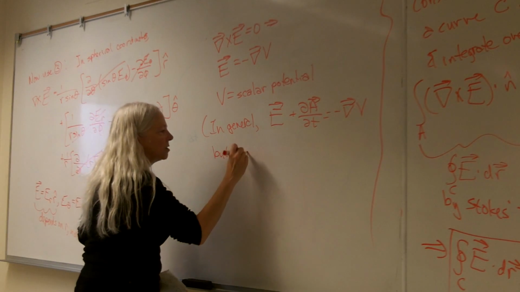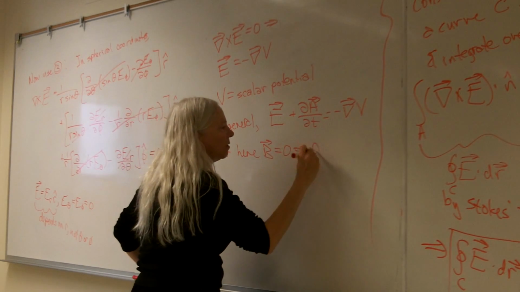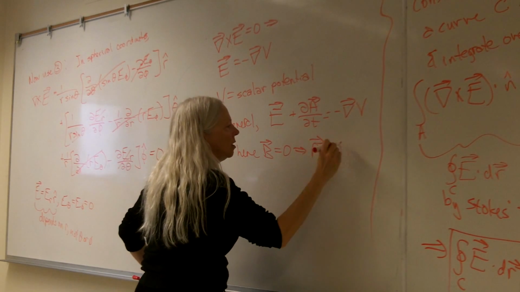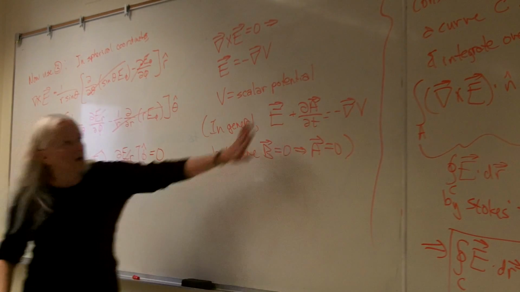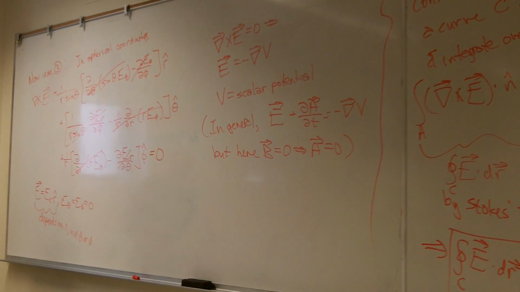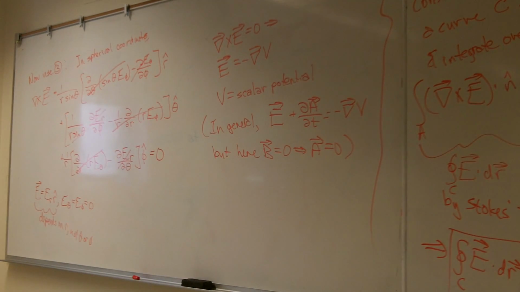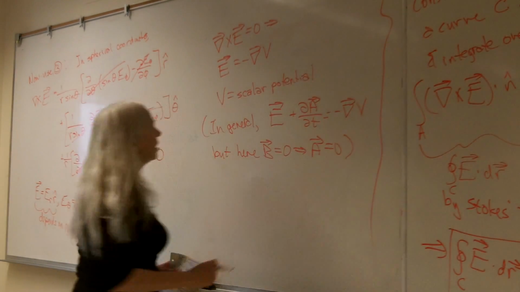But in this case, there's no magnetic field, and therefore no vector potential, so that term has gone away. Well, what about the potential then? We should be able to find the potential too.